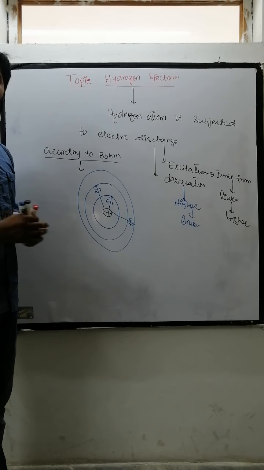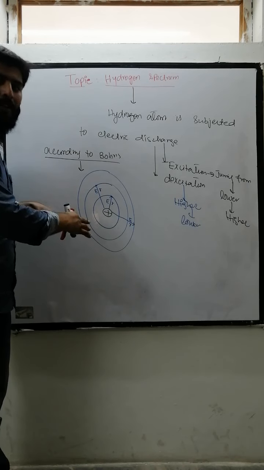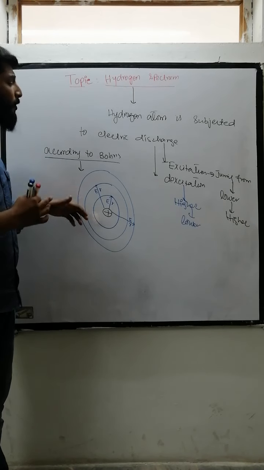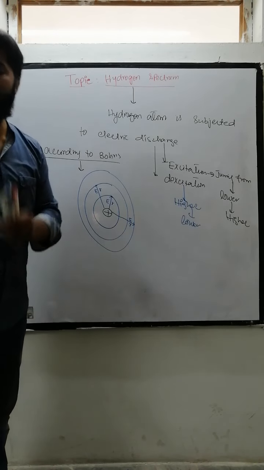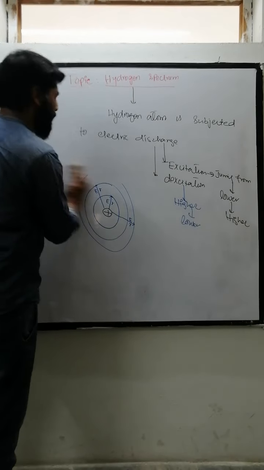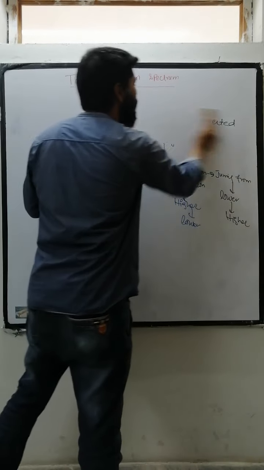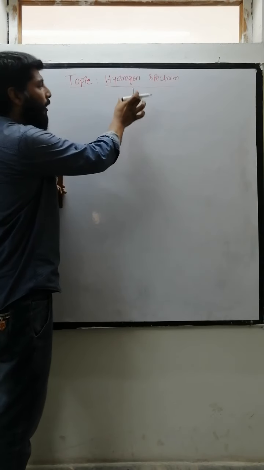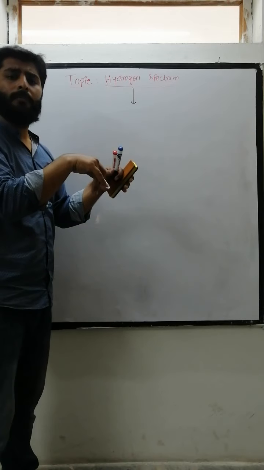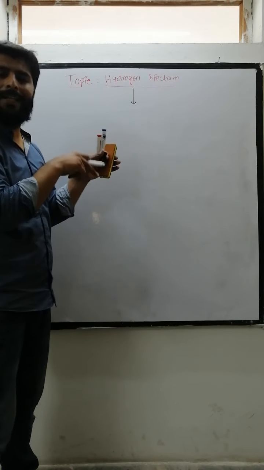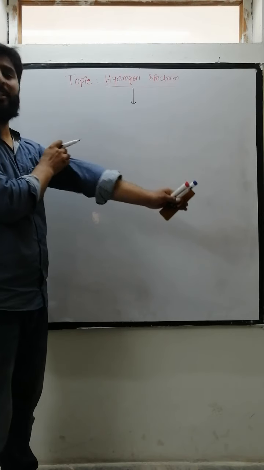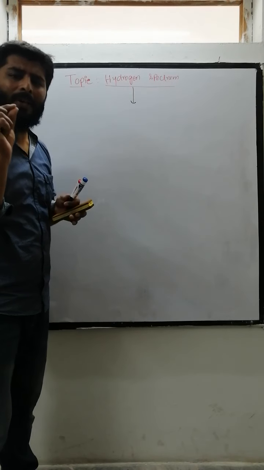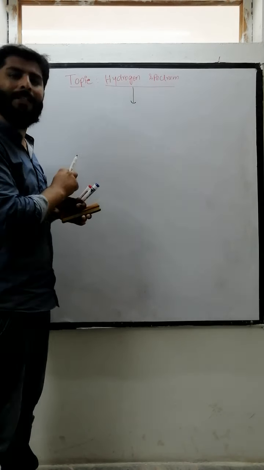Students, Bohr predicted all these ideas in 1913, but there are different concepts about the hydrogen spectrum. Five different scientists have worked on it and gave their concepts. When an electron in a hydrogen atom gets excited or de-excited, it will produce a spectrum, and each spectrum consists of a number of smaller wavelengths or smaller lines.